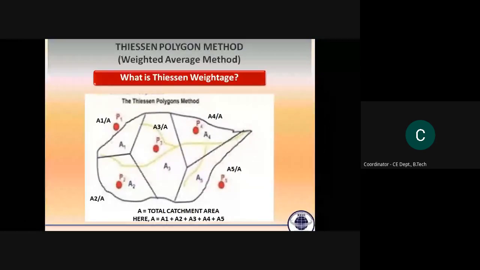It may happen that our rain gauge station is outside the catchment area. No problem, we can construct for that case also. Suppose for this rain gauge station, this is the Thiessen polygon area, the area enclosed between the polygon and the boundary of the catchment area. So this area is for this one rain gauge station.